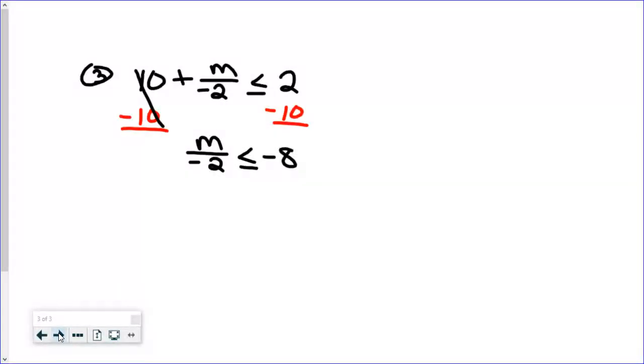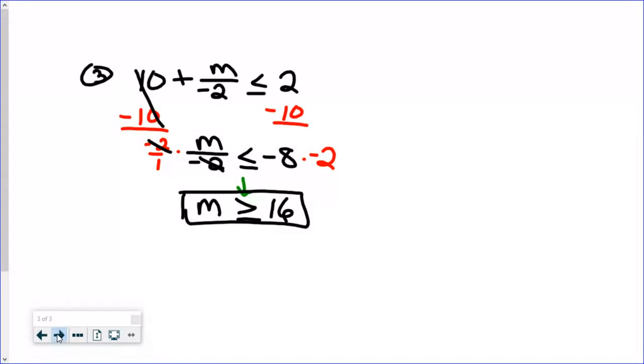Again, are you showing your work in red up and down like this, up and down? Now I multiply, and I notice I am multiplying by a negative, so I must again flip that sign. Okay, so I have m is greater than or equal to positive 16.